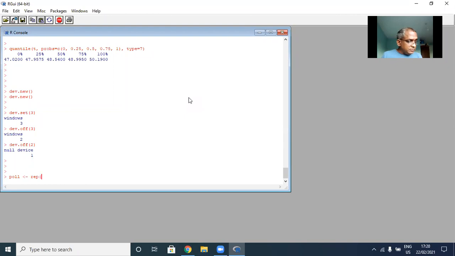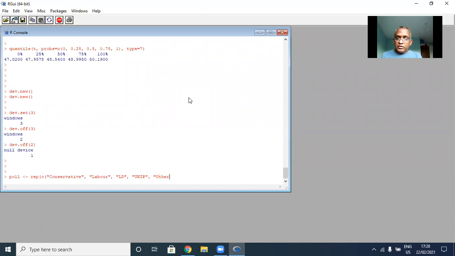Now let's create a data set, which is something I talked about last week or the week before. Let me create this data set with the party names of the 5 parties: Conservative, Labor, Liberal Democrats, UKIP, and other.